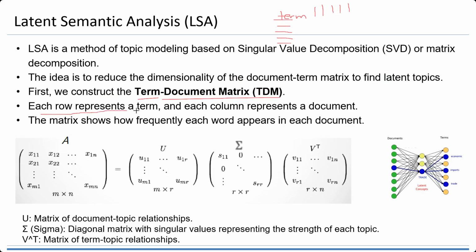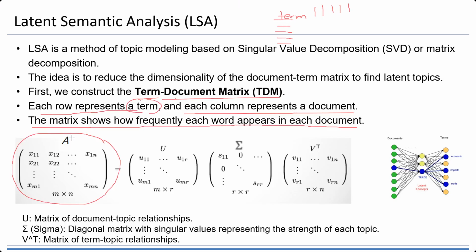Its row represents a term and its column represents a document. This matrix shows how frequently a word appears in a document. So we have A. This is the matrix from the term document.